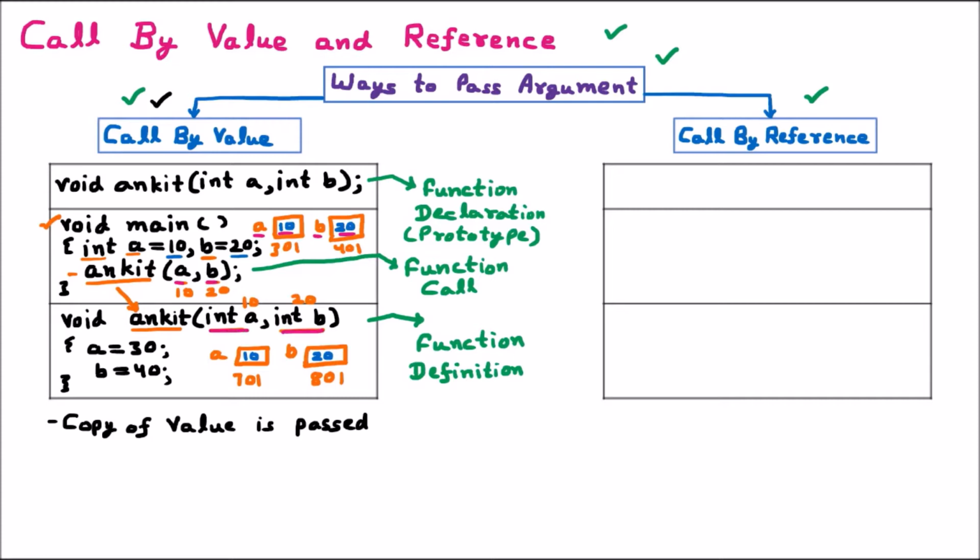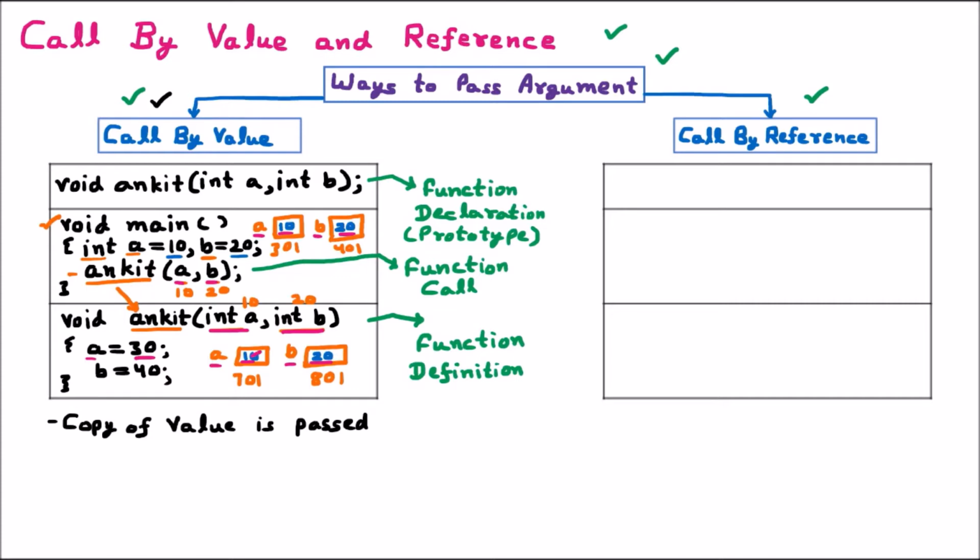So inside the function, two variables are defined and the copy is given. That means this 10 and 20 is the copy. It is not the original value. Now afterward we can see that inside the function we have A is equal to 30.